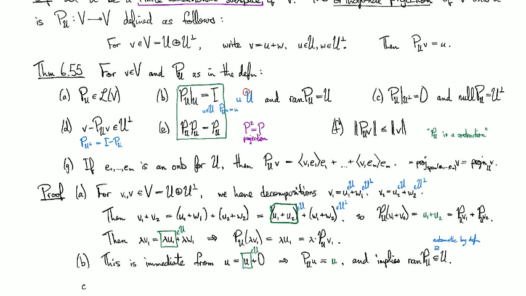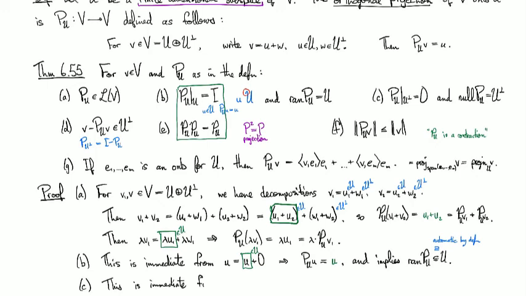And then for part C, it's actually kind of similar. So if we take W from U perp, then this looks like something from U, namely 0, plus something from U perp, namely W itself.